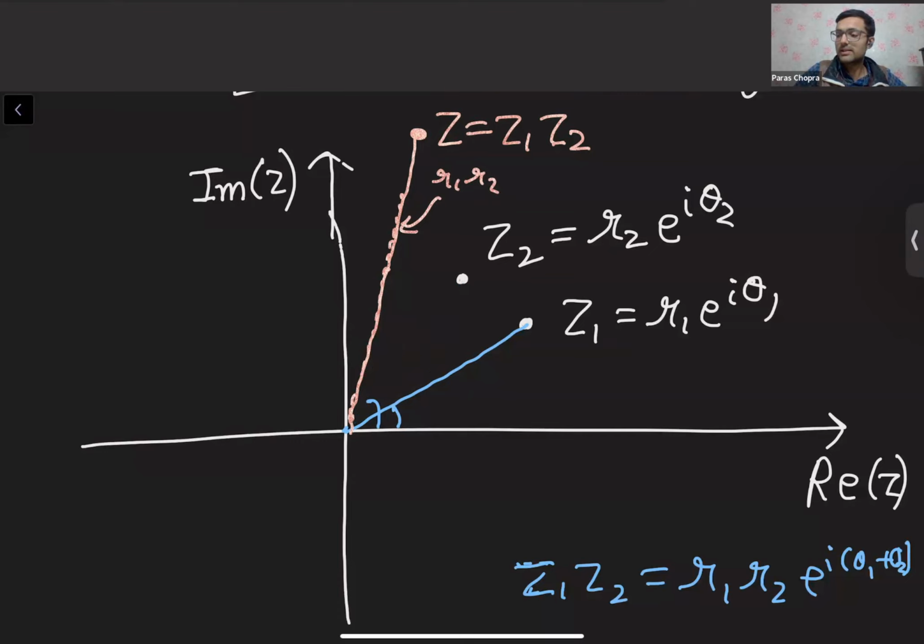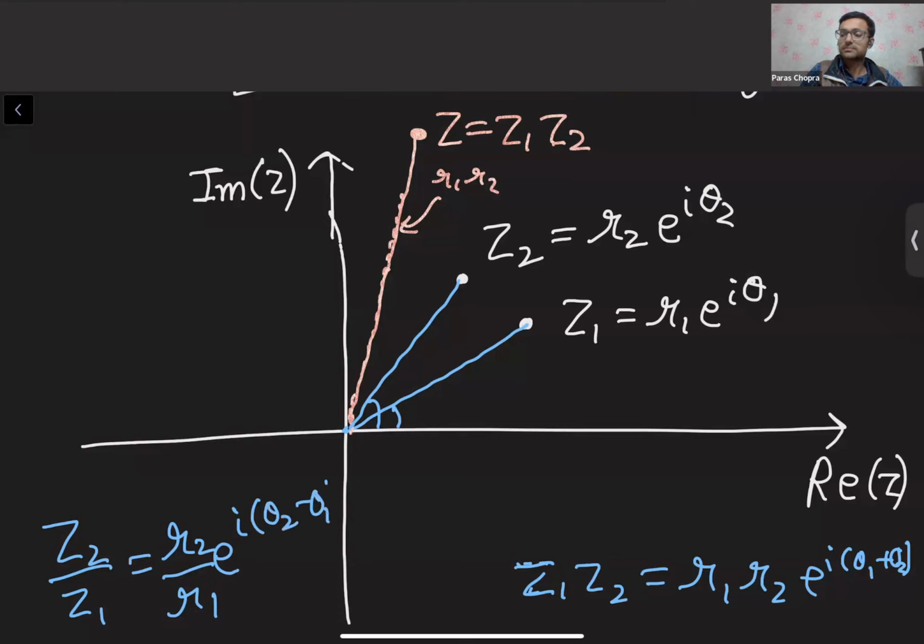Now let us see how z2 divided by z1 will look like. So z2 by z1 में modulus will become r2 divided by r1 and argument will become theta 2 minus theta 1. तो जब डिवीजन वाला हम इसे प्लॉट कर रहे होंगे तो पहले तो एंगल इनका डिफरेंस होगा, तो कहीं ना कहीं इधर आएगा, where this will be the difference of angles and इसकी length will be equal to r2 by r1.